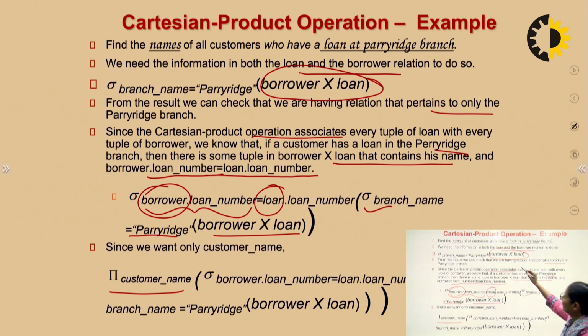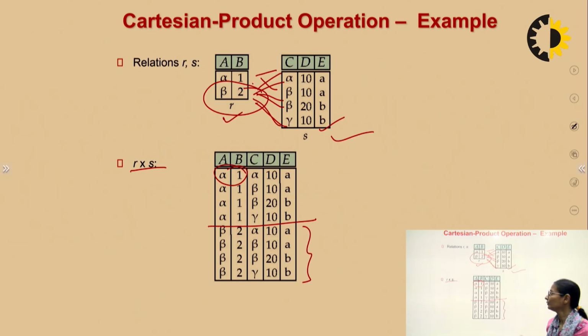Now, when I'm finding the borrower cross loans, for example, this is my borrower table and this is my loan table. If you look here, this borrower table is mapped to all the 4 instances of this loan table. So there may be cases which are not correct, which have violated the integrity of my database.